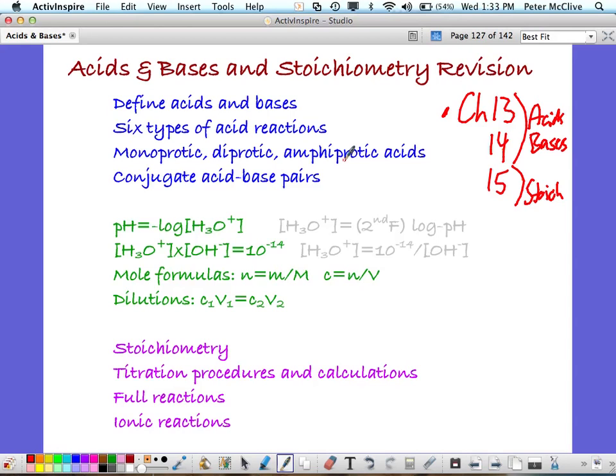And so that also relates to the conjugate acid, so that things can act as acids or bases, and they always form pairs, and they just differ by a single hydrogen. Okay, so those examples we just gave are good examples of one being the conjugate base or the conjugate acid of another pair. Okay.